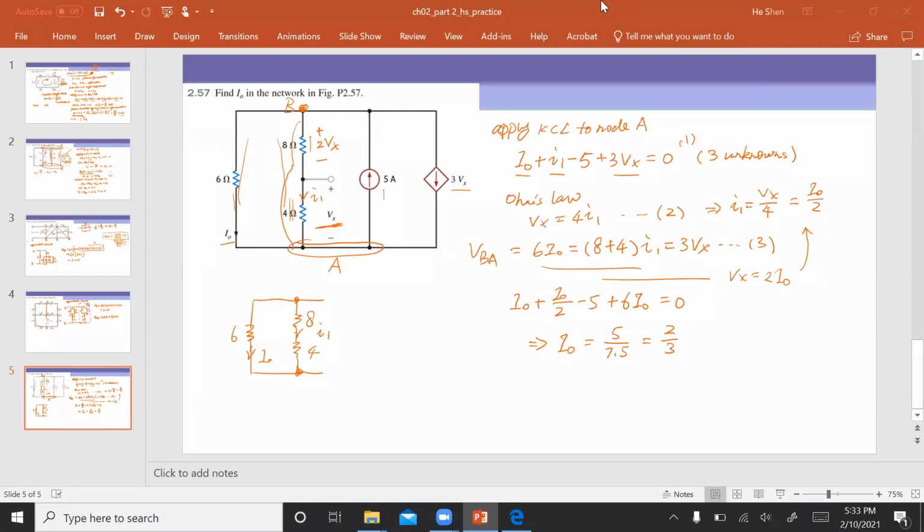Sorry, 2 over 3. The unit is amps. So this is how we solve this problem. All right. Anything else?